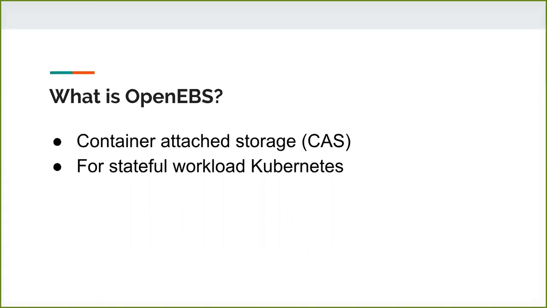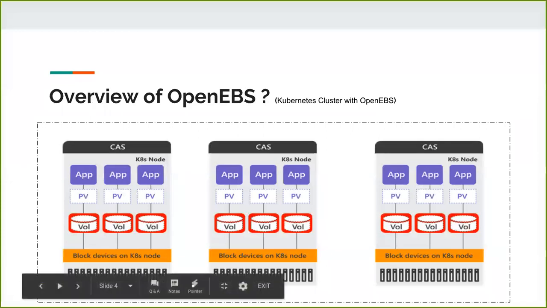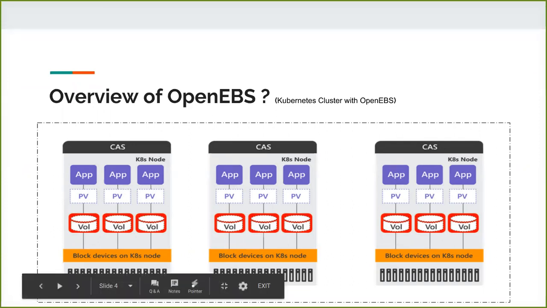Let us see the overview of OpenEBS. You can see this is a 3-node Kubernetes cluster, and on each node there is an application which has a PV and a volume residing underneath.